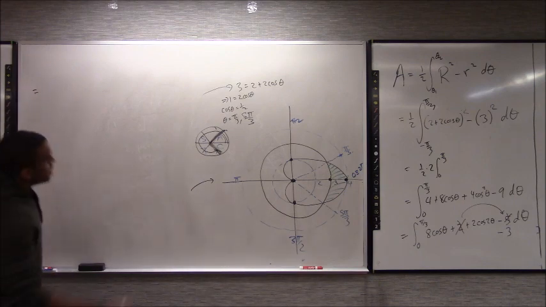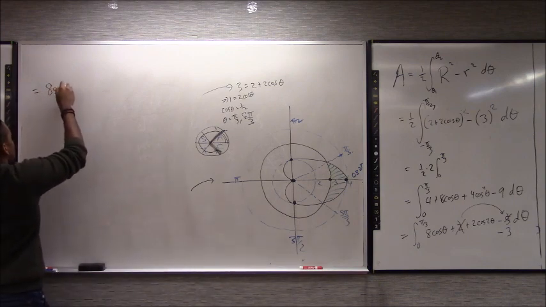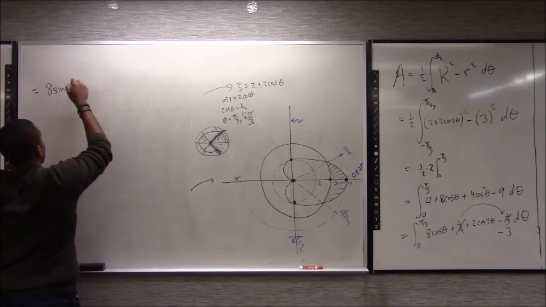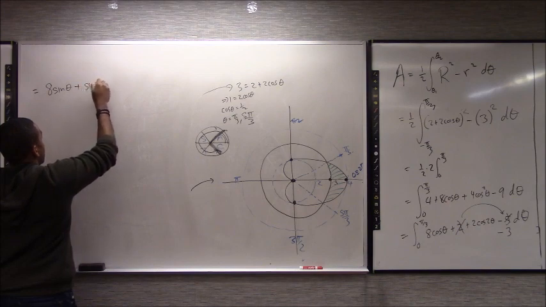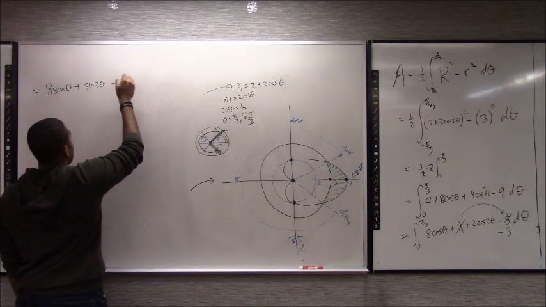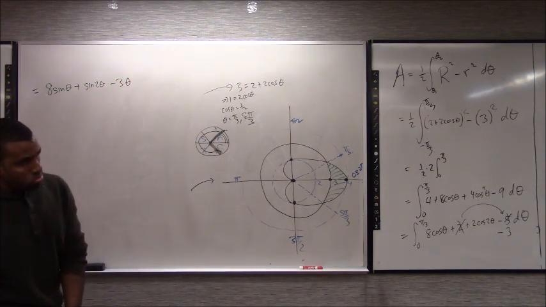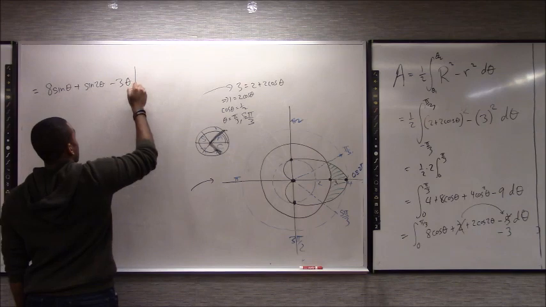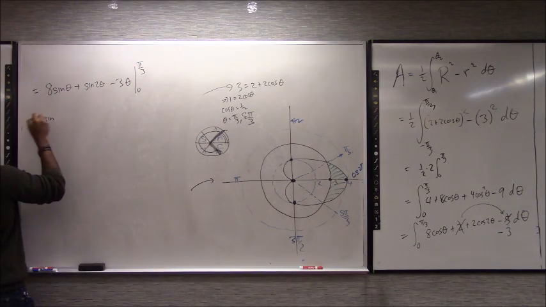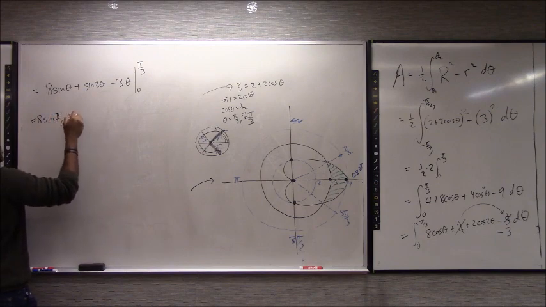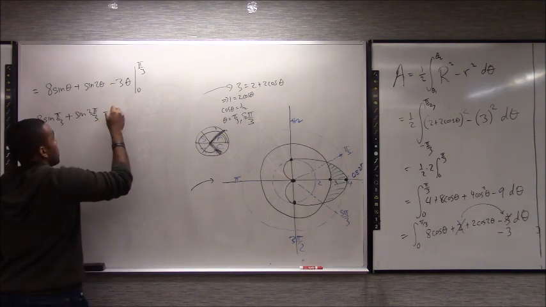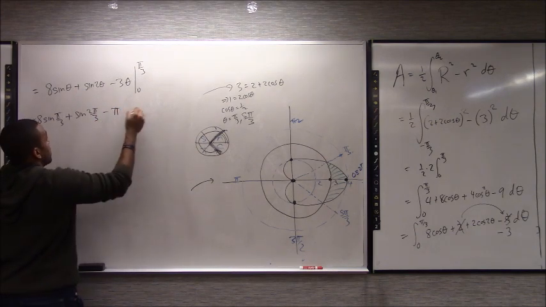So integrate 8 cosine theta, that's 8 sine theta. And 2 cosine 2 theta, that is sine 2 theta. And minus 3 theta. Sine pi over 3 plus sine 2 pi over 3 minus pi minus 0.